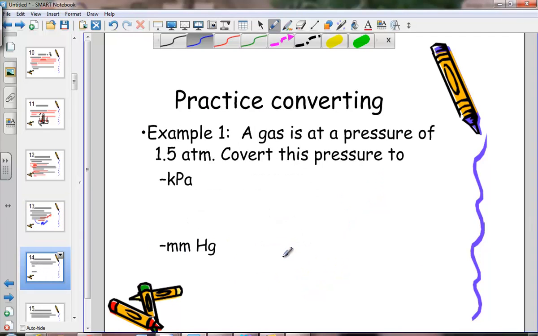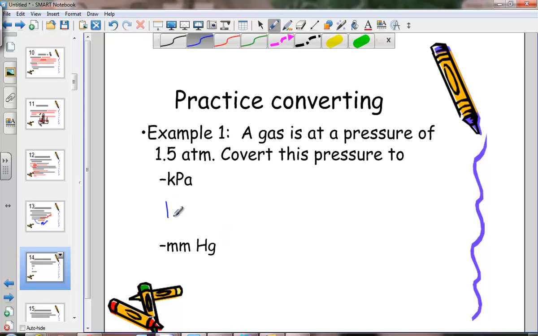We have a few practices we can look at in terms of going from one unit to the other. In our first example, we're asked to simply convert 1.5 atmospheres into a kilopascal, and also into an mmHg, the millimeter mercury. This is probably now the top of your next page looking at example 1.